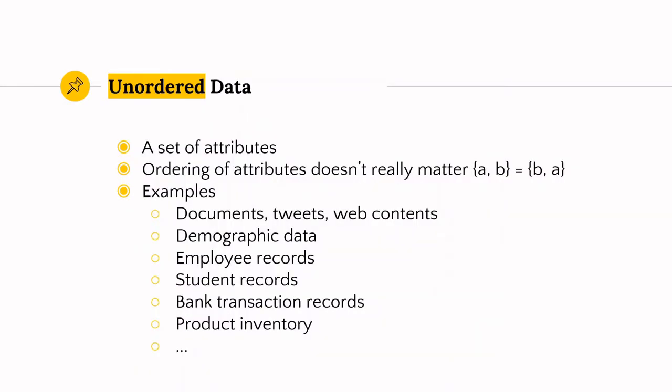So there are lots of examples of unordered data. For example, documents, tweets, web contents. Those are typical examples of unordered data representation. Demographic data, again, is another example of unordered data.